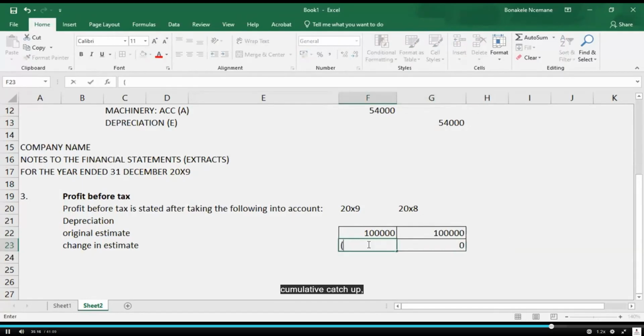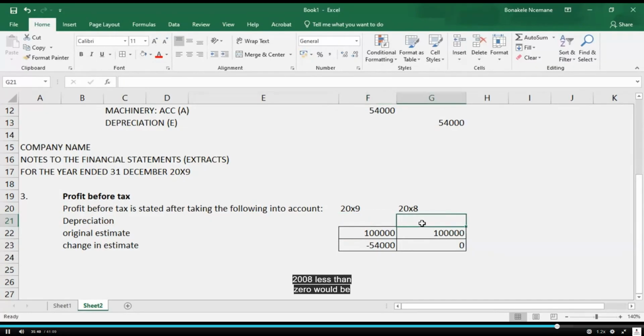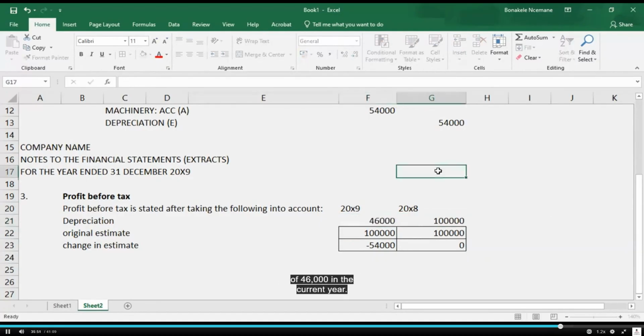So 36,000 plus the 18,000 for this year will result in this effect of 54,000 in our depreciation. In other words, 100,000 in 20X8 less zero would still be 100,000. But 100,000 less 54,000 would have an effective depreciation of 46,000 in the current year.